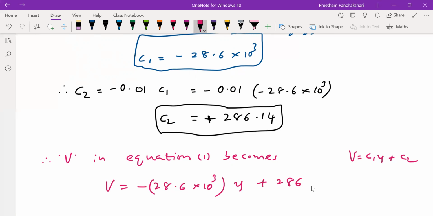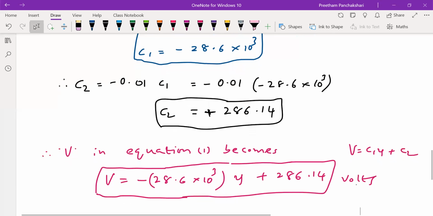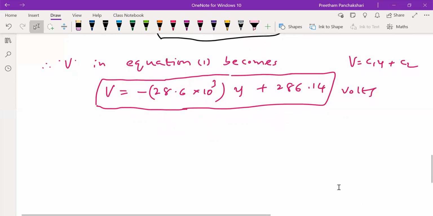C2 is 286.14. So finally, we have found the potential distribution between the two conducting planes defined by this equation, in terms of volts. But the question is to find conductor voltages. What is the voltage at the first conducting plane, then voltage at the second conducting plane?